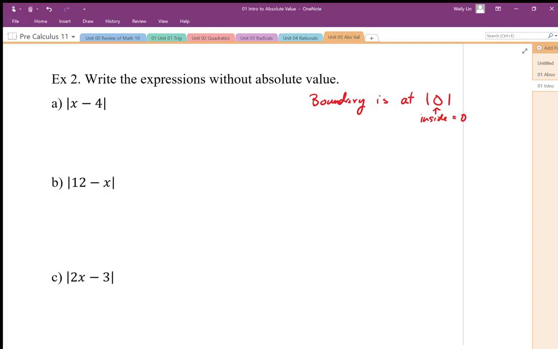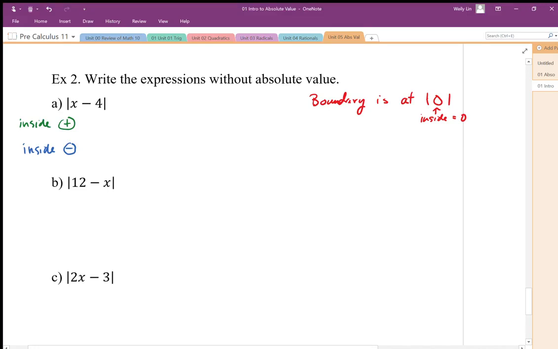So there's going to be a positive domain, when the inside is positive, and there's going to be a negative domain where the inside is negative. And where's the boundary between positive and negative?